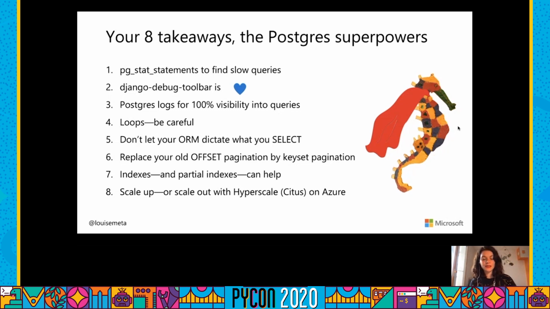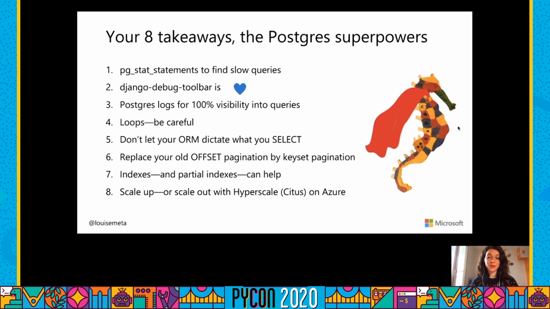So please turn on your Postgres logs. This is going to help you always. Be careful about loops. Don't catch your loops when it's too late. That can be a real bummer for you if it's on production.